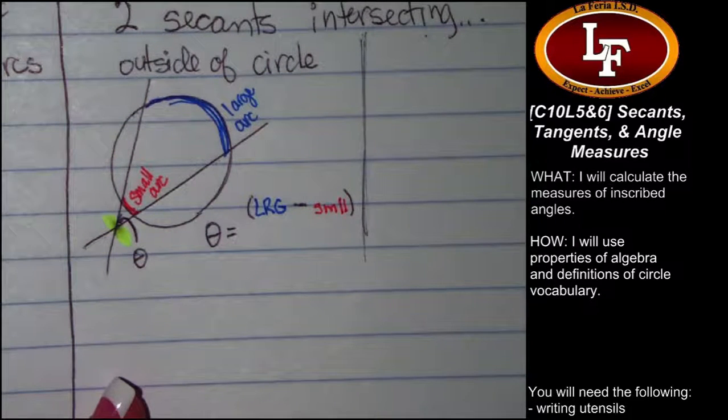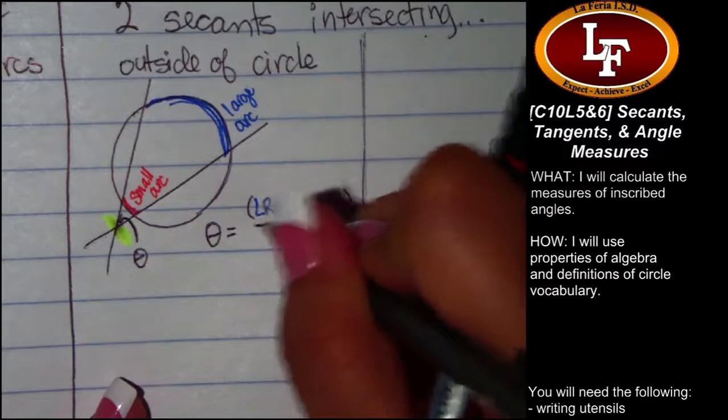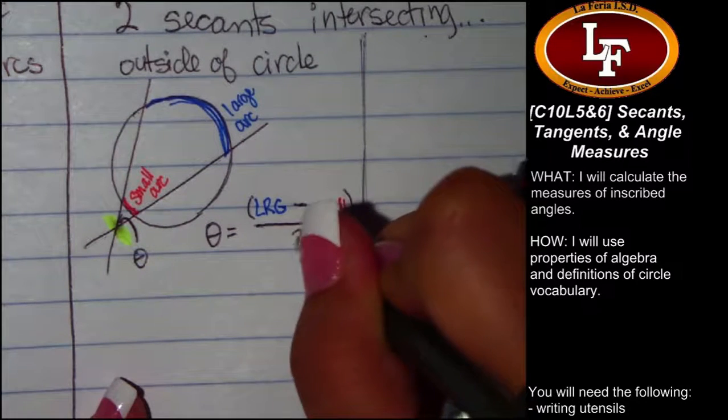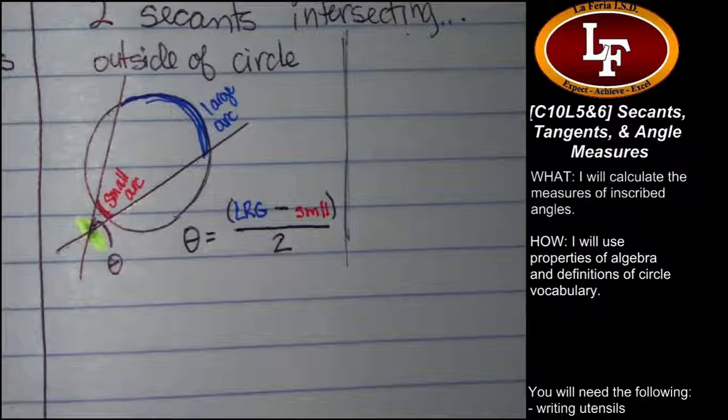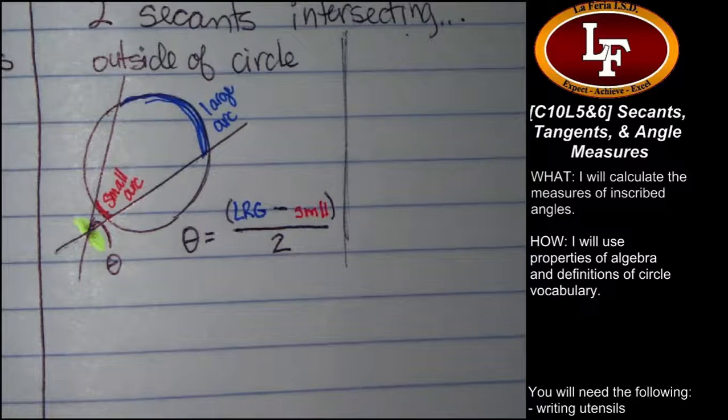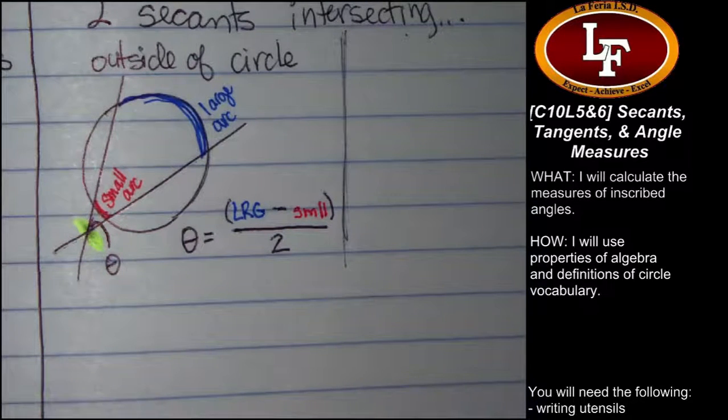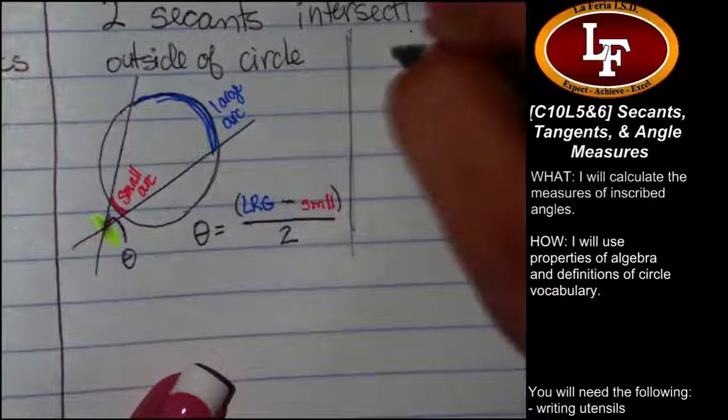So the measure of the large arc minus the measure of the small arc, divide that result by 2, and you will get the measurement of the angle that is creating both of those arcs as those secants cut through the circle. Okay? Fairly simple? All right. Let's look at the other case.